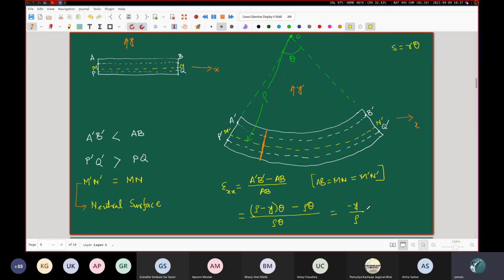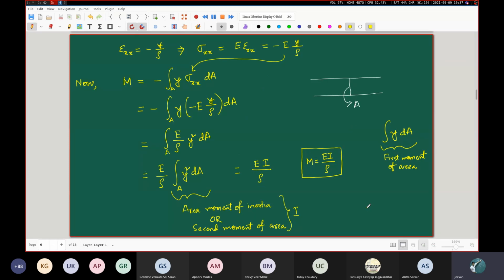So this epsilon xx is equal to minus y by rho. It is perfectly valid even though the beam may be not homogeneous, not uniform material.